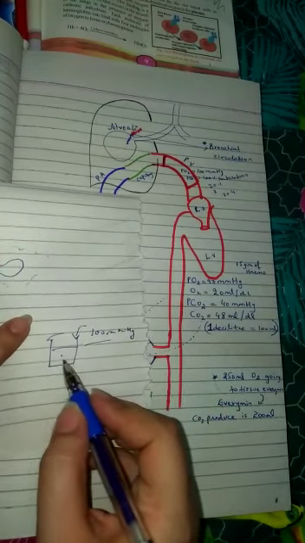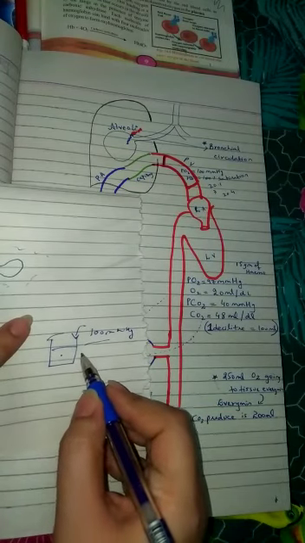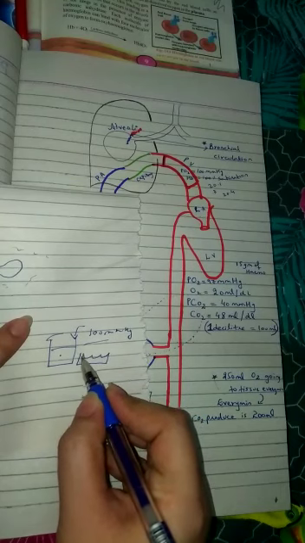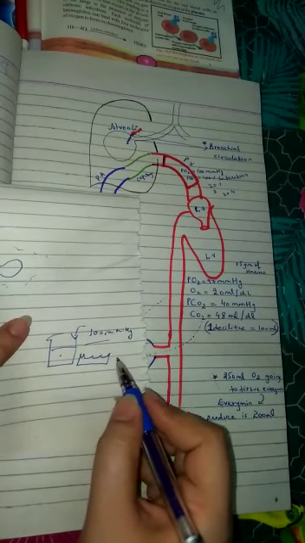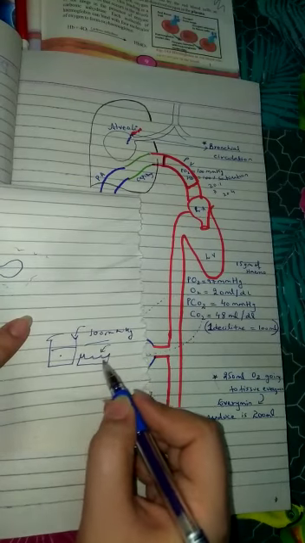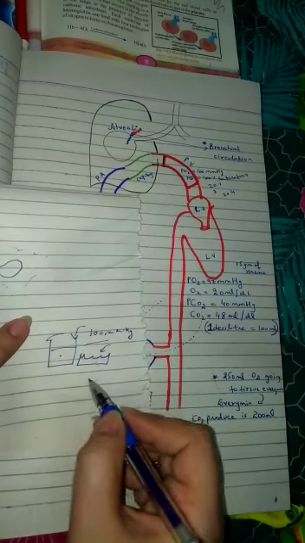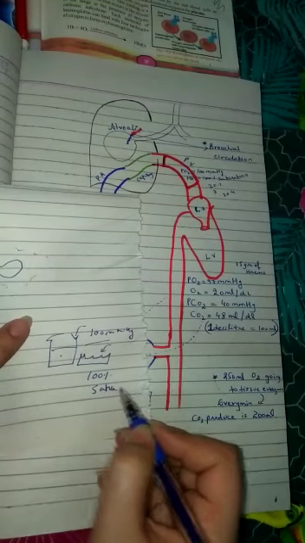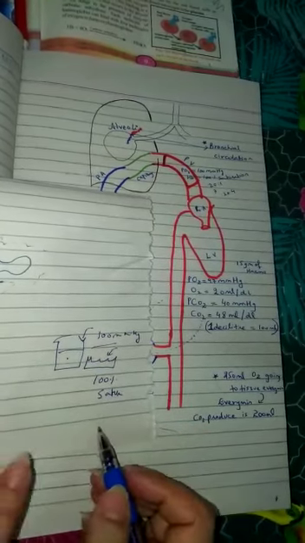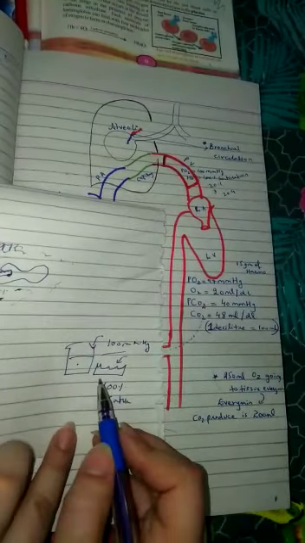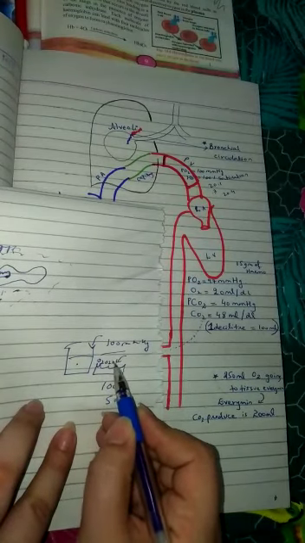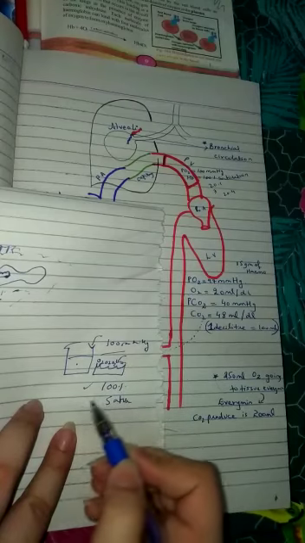At 100 millimeter of mercury, as you know, if we have hemoglobin, these are the four places where the oxygen binds. At 100 millimeter of mercury pressure, the oxygen is 100% saturated, as I have told you in the previous topic. It means that 100% saturated means the oxygen is present at all four sites of the hemoglobin.